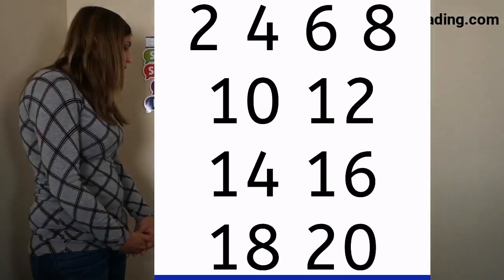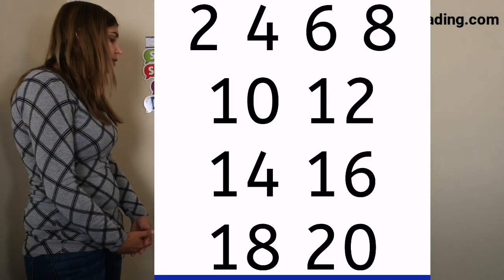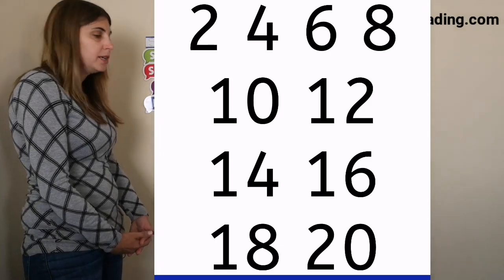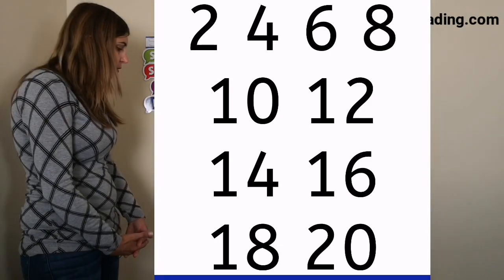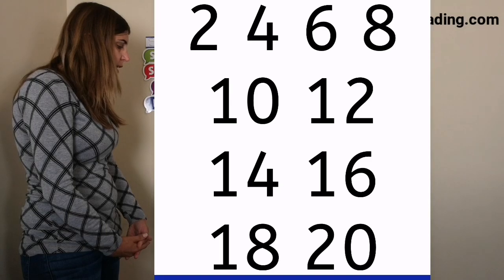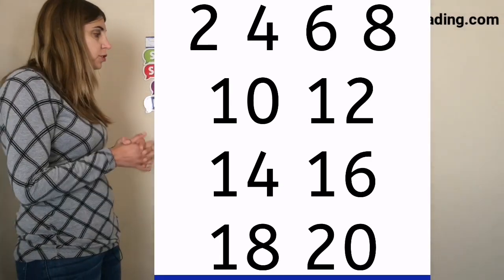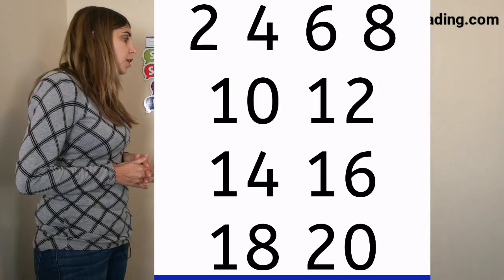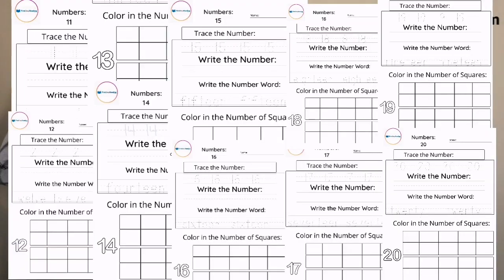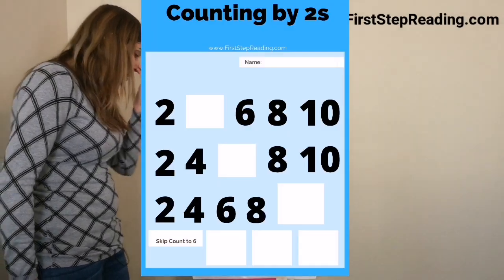One more time. 2, 4, 6, 8, 10, 12, 14, 16, 18, 20. Great job. So to review for math, we have worksheets 11 through 20 and counting by twos.